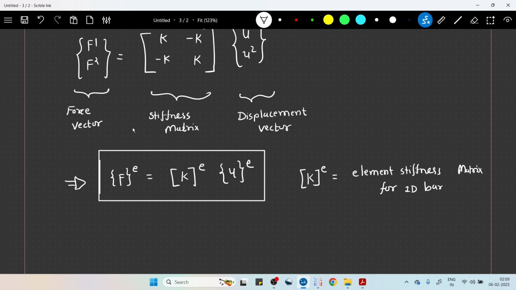We are talking specifically about the 1D bar element. It is nothing but AE by L times [1, minus 1; minus 1, 1]. We have seen this previously.